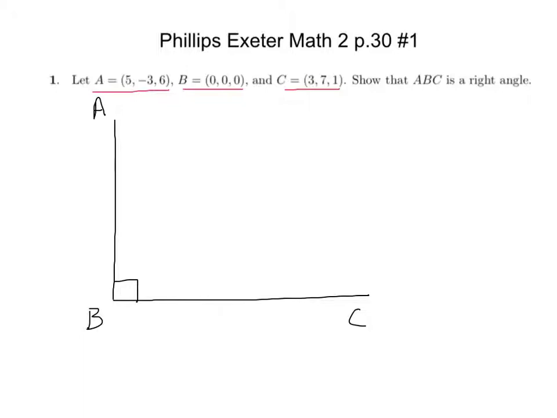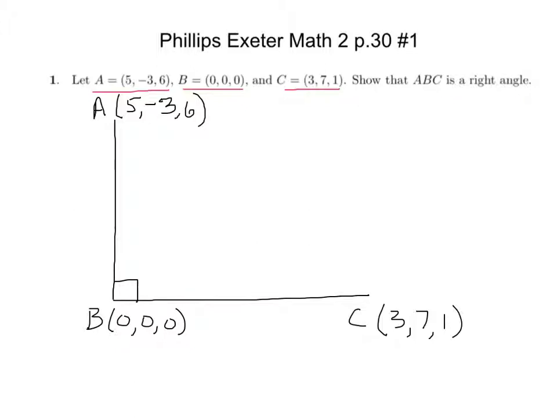So our B is 0, 0, 0. Our C is 3, 7, 1. And our A here is 5, -3, 6.